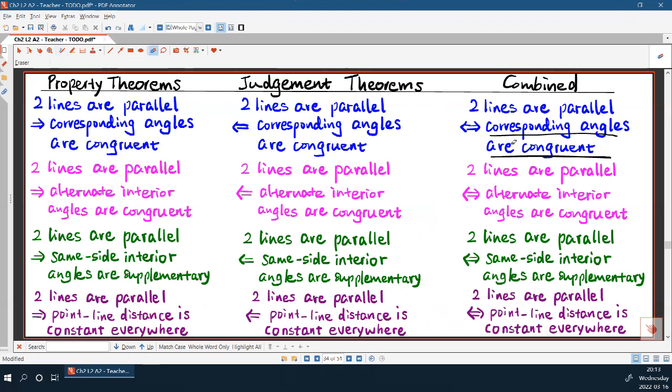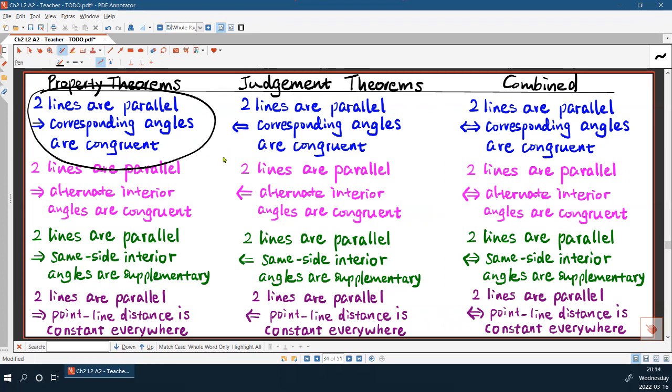So note here, only if you have proved each statement true can you combine them, right? Otherwise, if you have a statement like this, its reverse statement is not necessarily true. Do you understand? Yeah.